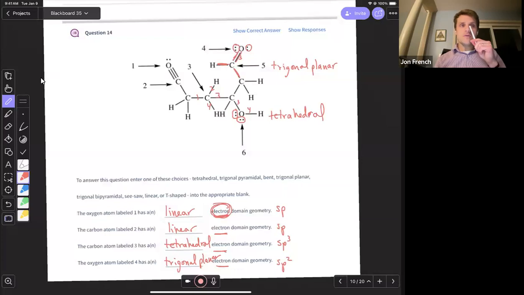Again, just be careful what you're asked for. We are being asked for electron domain geometry, so that's what we want to answer, not the molecular geometry in this case. So there's question 14.